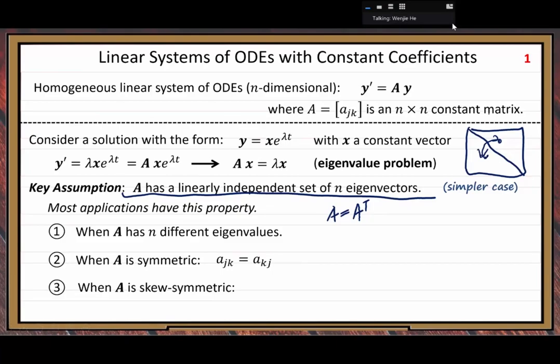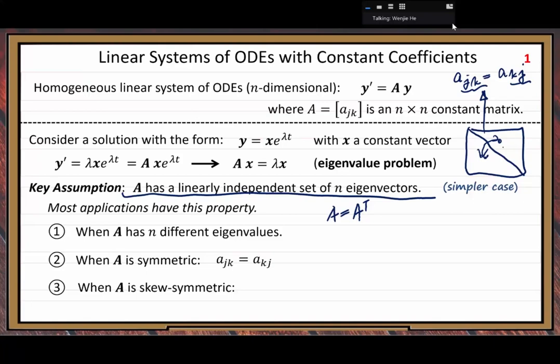If we use a formula to write it, little a_jk equals little a_kj. So if you switch the row index and the column index, you get the same entry.